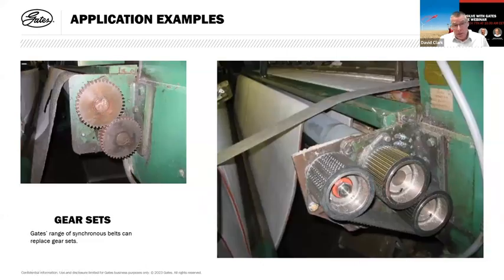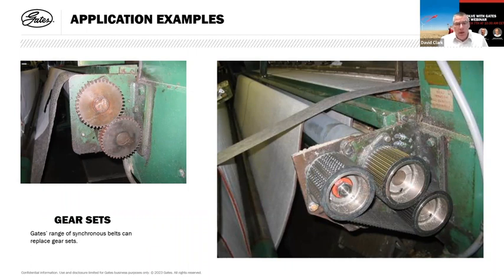Here's one replacing a gear set. You have the two gears on the left-hand side, giving you counter-rotation, and on the right, you have a replacement belt drive. One point to note is that on a belt drive, unlike a gear drive, you can't replace two gears with a single belt drive with two pulleys.